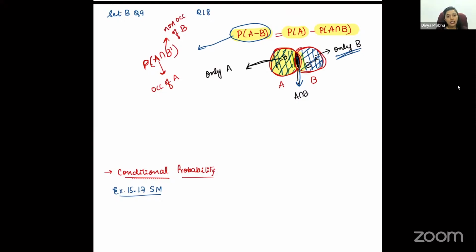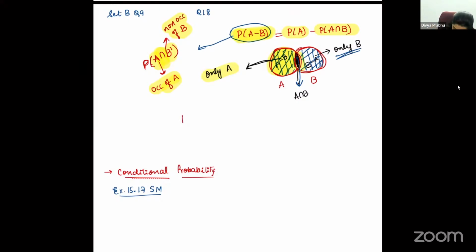Probability that A will occur, as well as, intersection means and, B will not occur. So A will occur, B will not occur means only A will occur. Only A will occur means it is A minus B. Very, very important for you to understand.